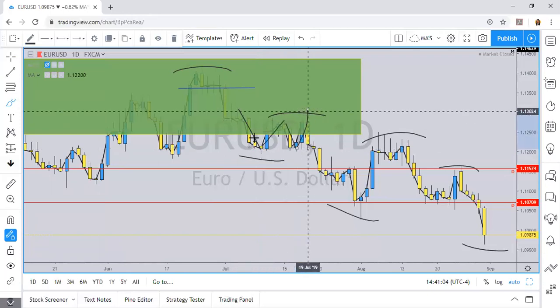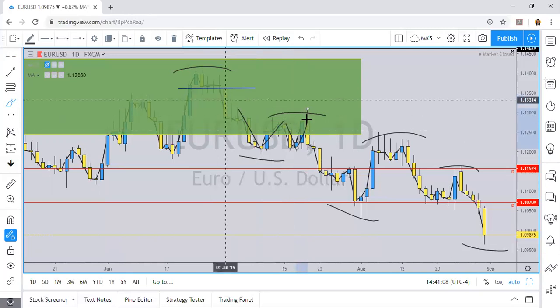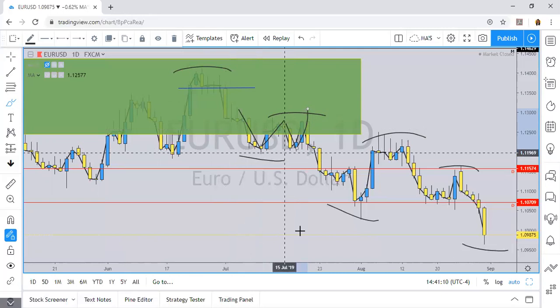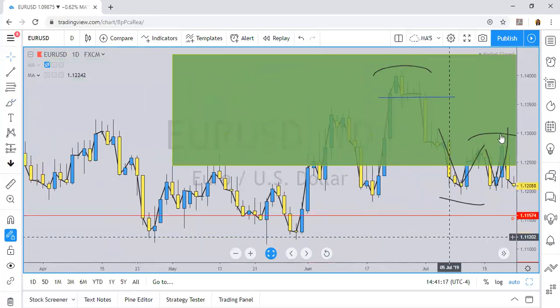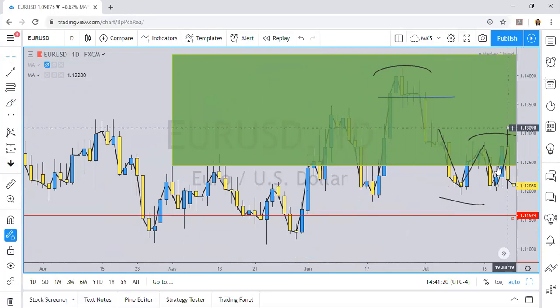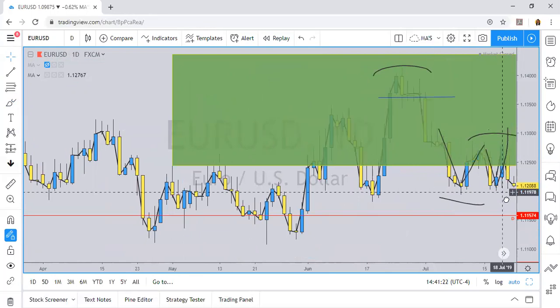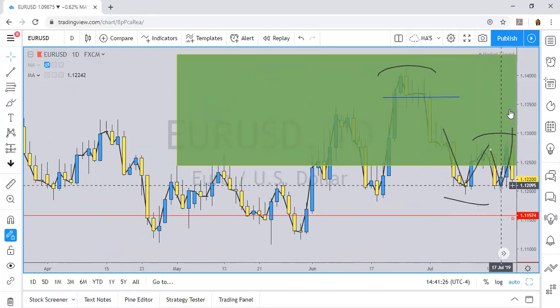So this is what people saw, right? This is why market structure plays an important role, because if none of this happened all the way to the right-hand side, and I'm sorry, I know I made that line a little longer, and you don't understand structure, you would definitely have gotten caught up in this trade.